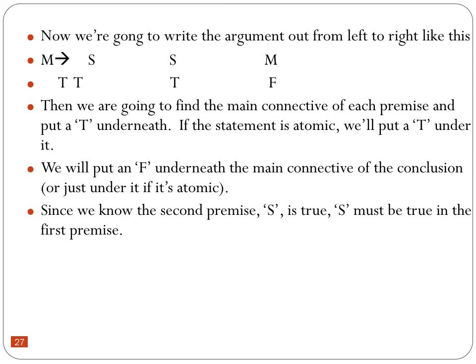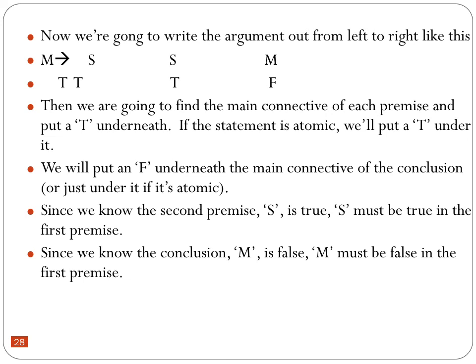And since the M in the conclusion is false, it should be false in the antecedent of the premise. Now let's check to see that the logic works. Are arrow statements true when the left side is true and the right side is false? They are. The only way arrow statements are false is when the left side's true and the right side's false. So we're done. We've shown that this argument is invalid because we've shown it's possible to have true premises and a false conclusion.